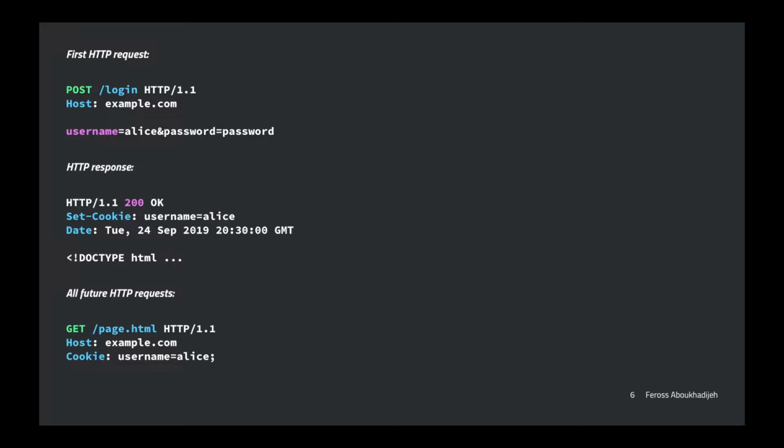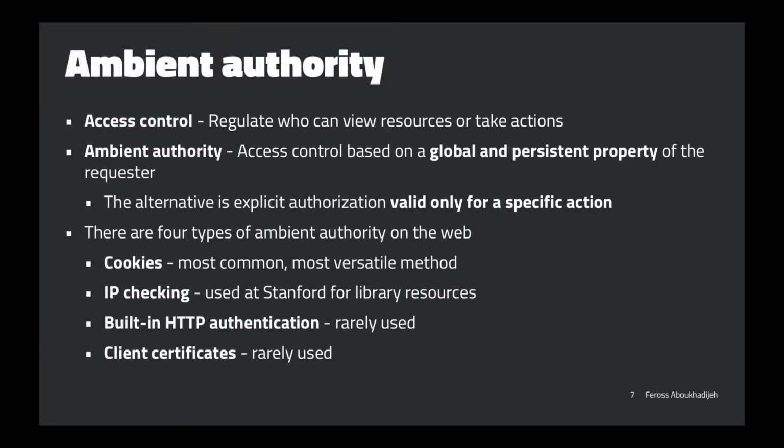But so real quick. This whole system here is called Ambient Authority. This is a security concept. First of all, the idea of access control, right? The whole point is we're trying to regulate who can do which actions on a site. So that's why we want to have a login system or something like that in the first place. But beyond that, there's different ways to do it.